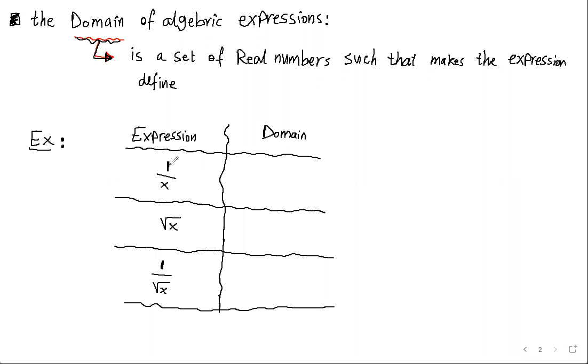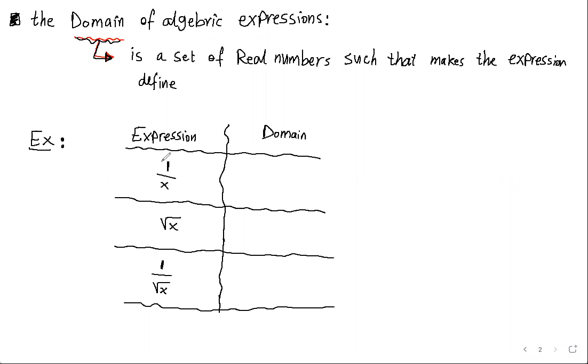Can I plug negative numbers? Any real negative numbers? Yes, I can plug any negative number. Why? Because, for example, take -2. 1 over -2 is equal to -half, and -half is defined.